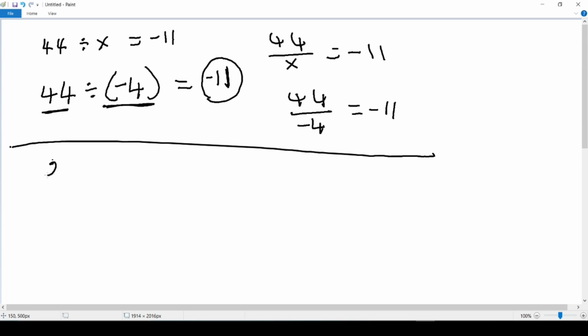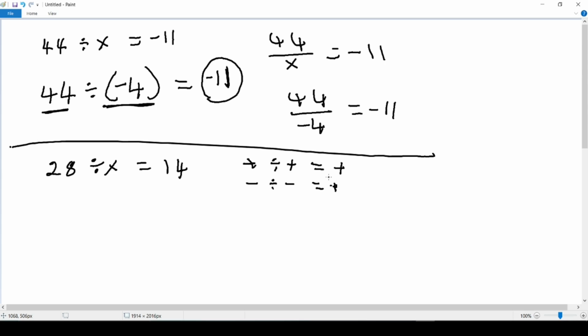Let's do 28 divided by x equal to 14. So the result is positive, so we have two cases. If both numbers are positive, the result will be positive. Or if both numbers are negative, the result should be positive.